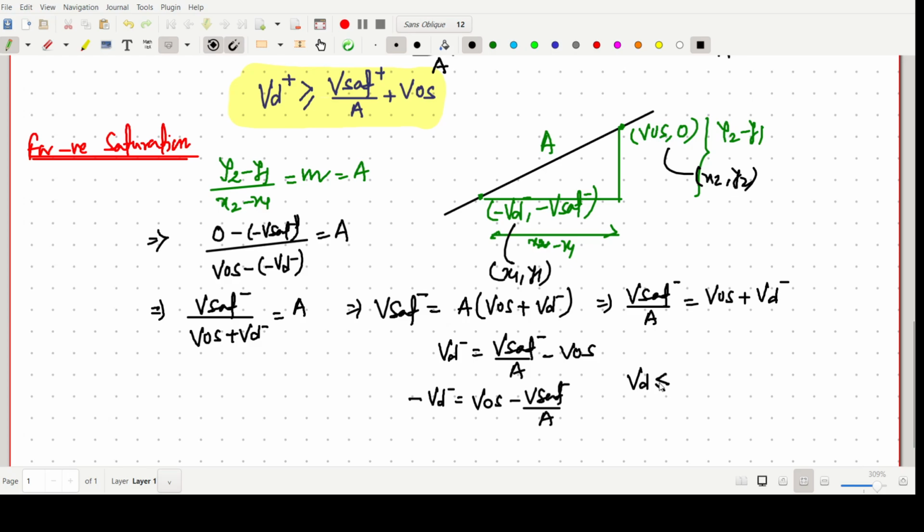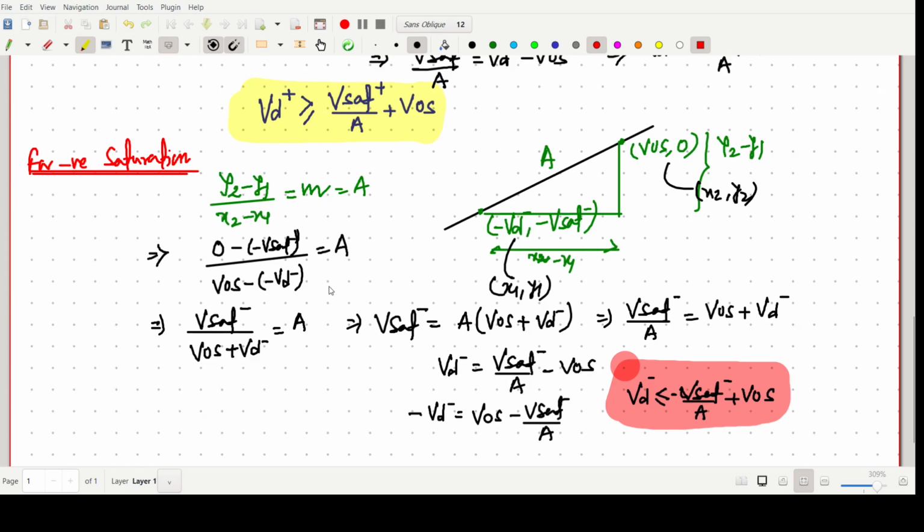the Vd value in this case will be less than or equal to Vset minus by A, with a negative sign, plus Vos. So this one is another condition for the saturation region.